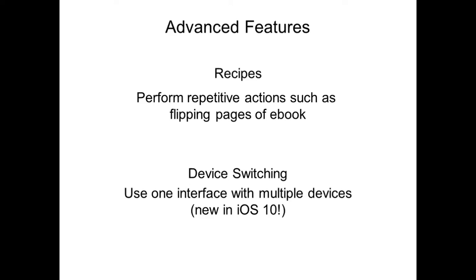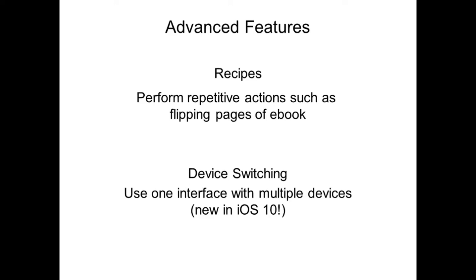The other feature, which I'm not using as much, but it's brand new in iOS 10, is called device switching. What this allows you to do is use one switch interface with multiple devices. So if you have an Apple TV, an iPhone, an iPad, you can start switch control on one device, and as long as they're all on the same network and can all see each other, then let's say I want to make a phone call, but only my phone has a connection.